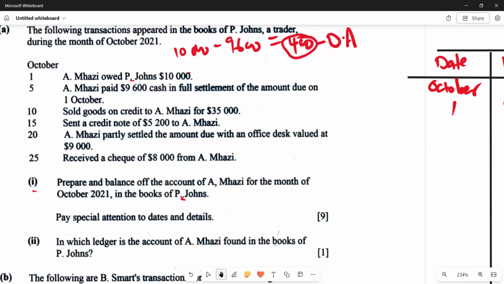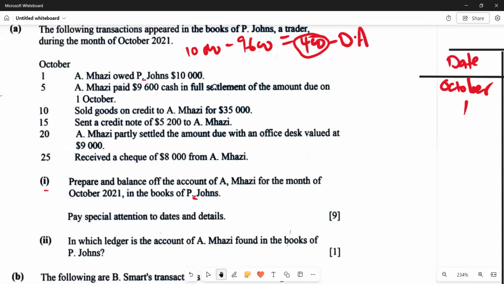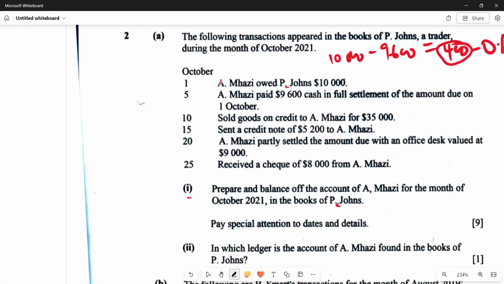The double entry there is that we are debiting cash, since A. Mazi is paying using cash.